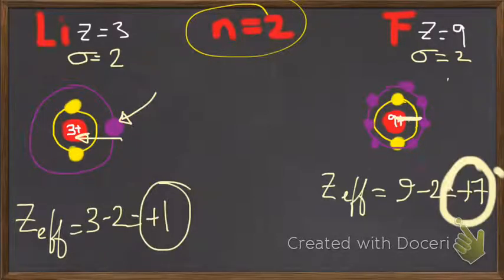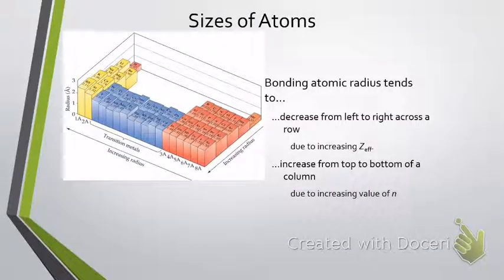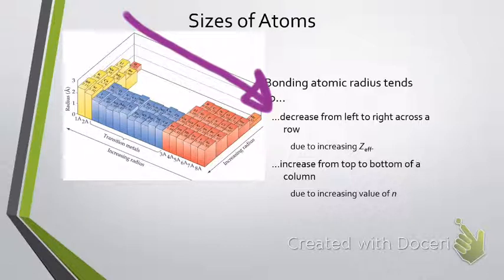That is the reason why, typically, as you go from left to right on the periodic table, it gets smaller and smaller, because the effective charge that the outer shell electrons are feeling is increasing. You're not adding any more energy levels, but you're adding more and more protons.